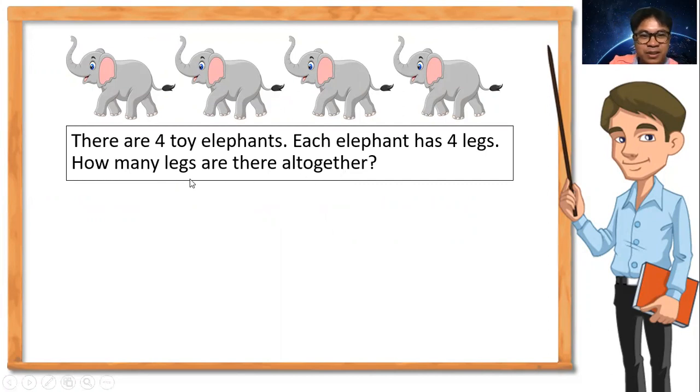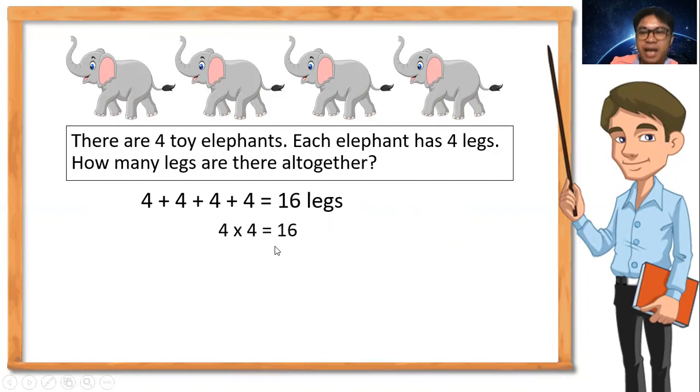If the question is how many legs, you apply multiplication, or you can just add, because multiplication can be understood as repeated addition. So 4 plus 4 plus 4, how many elephants? 4. How many legs each elephant? 4. So 4 plus 4 plus 4 plus 4, there are 16 legs, or 4 times 4 equals 16.